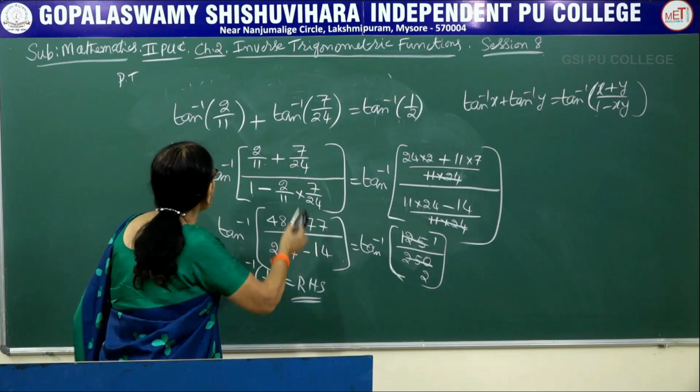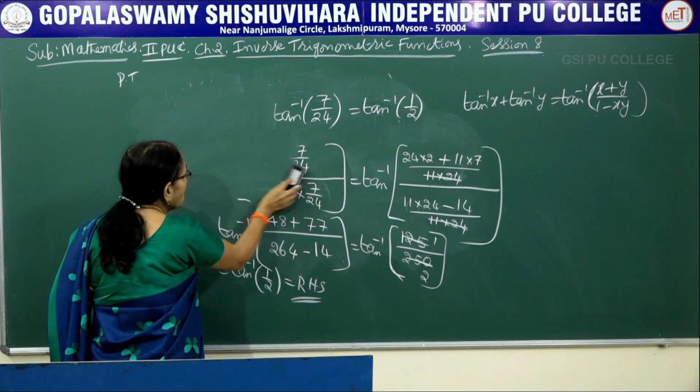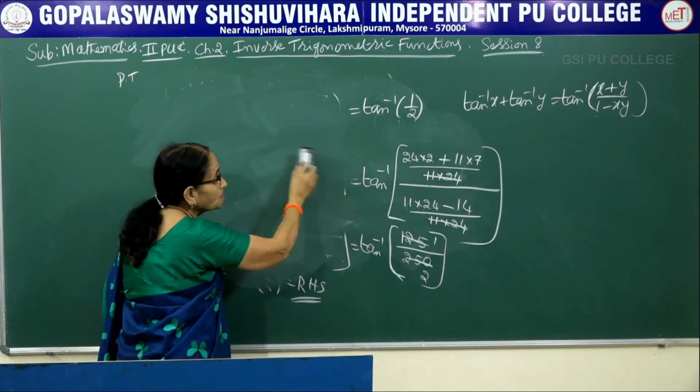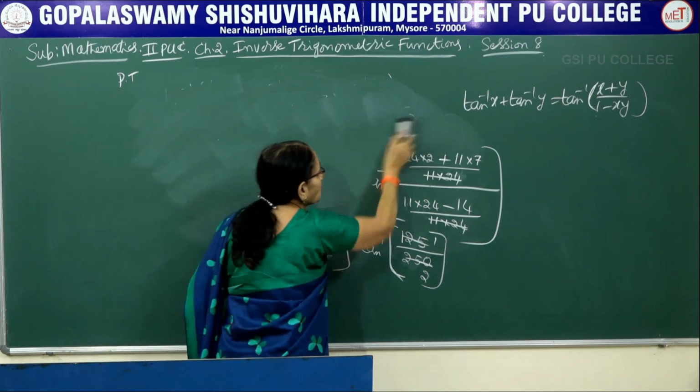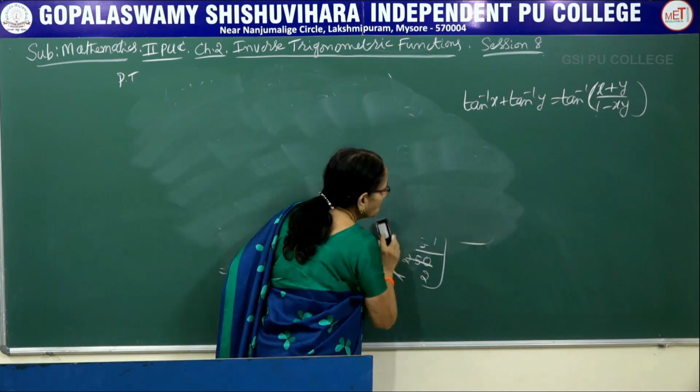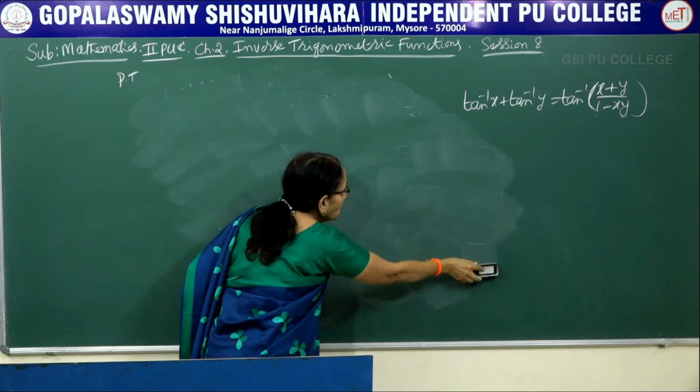Now let us move on to the next problem. Here in the next problem, apart from the one result which I used in the earlier three problems, I will be using one more result here, so that I can solve the problem.